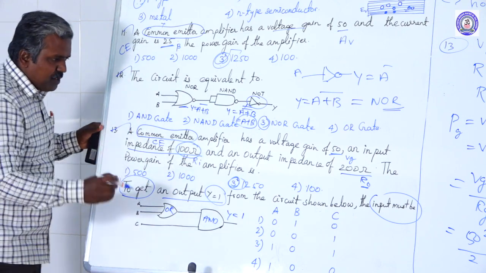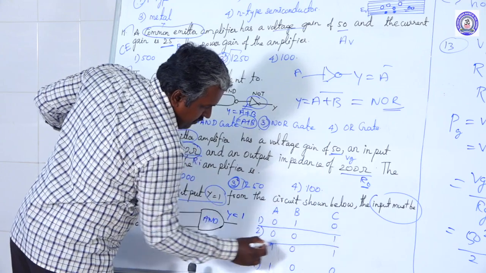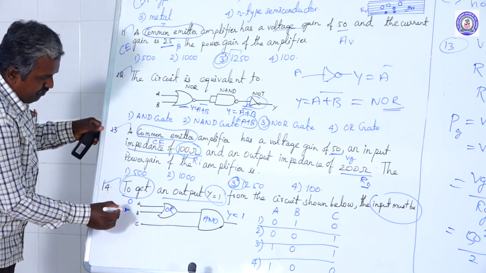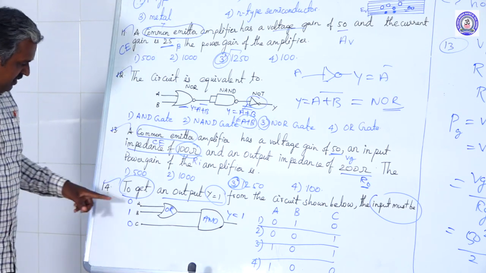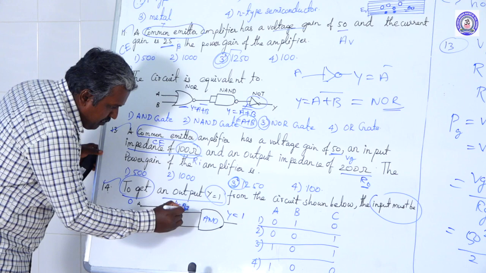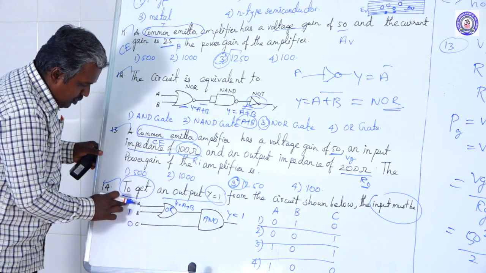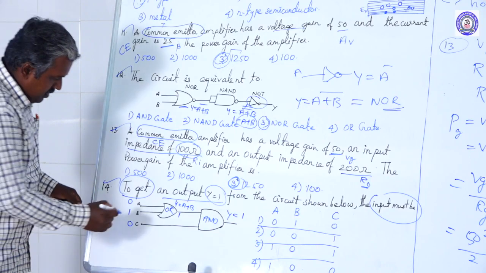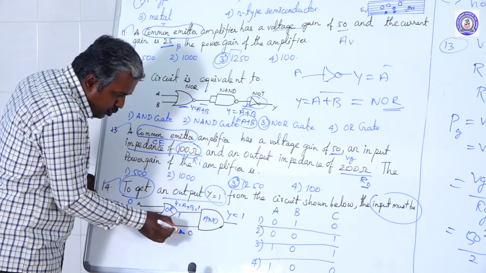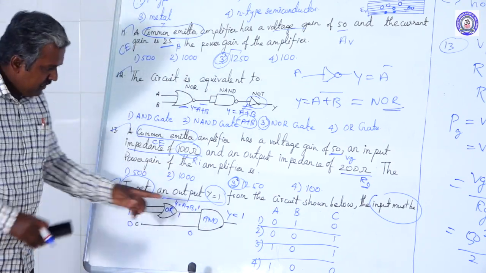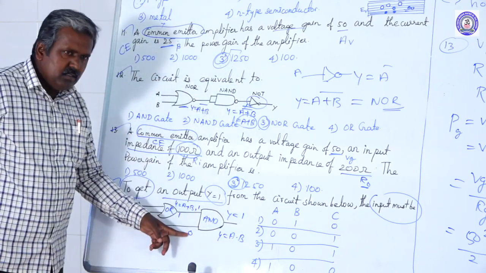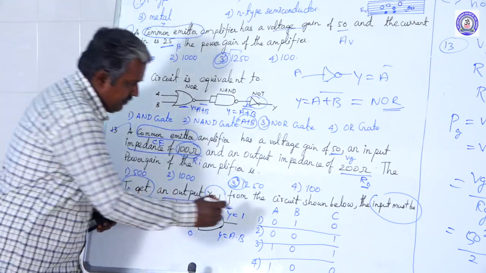So substitute each option. First, A is 0, B is 1, C is 0. Y is equal to A plus B, so for the OR gate 0 plus 1 is 1. Now 1 and 0 are the two inputs fed to the AND gate. For the AND gate, the output is AB, 1 and 0, which gives 0. This is wrong.